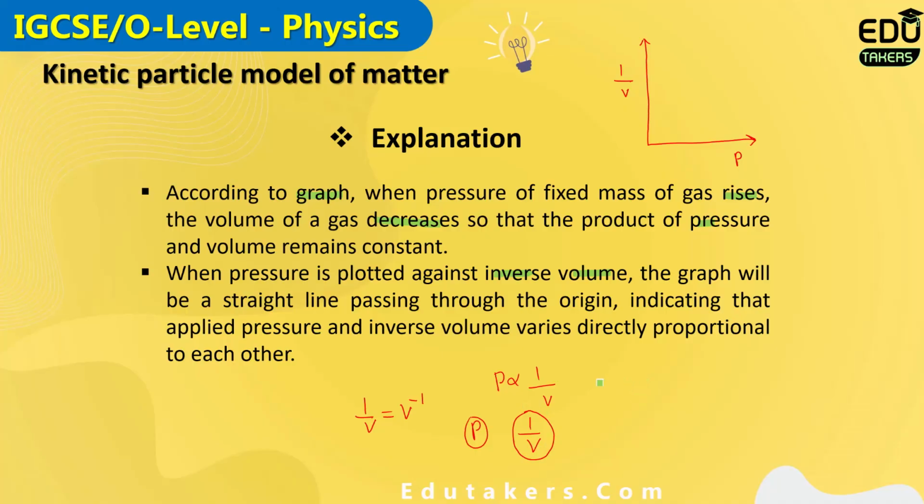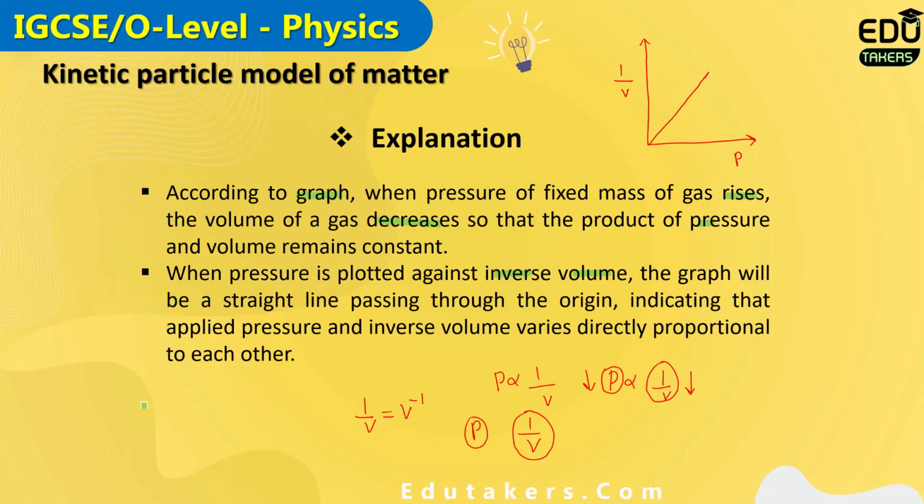According to Boyle's law, the pressure is directly proportional to the inverse of the volume. See again this relation. On the left hand side here is pressure and on the right hand side here is the inverse volume. So both of these are directly proportional to each other. When the pressure and inverse volume are directly proportional to each other, you get a straight line on the graph, just like that.